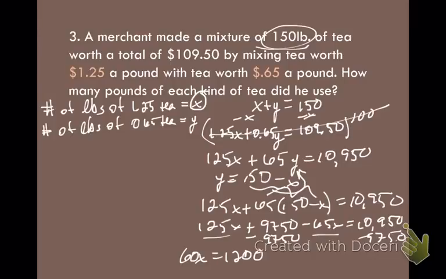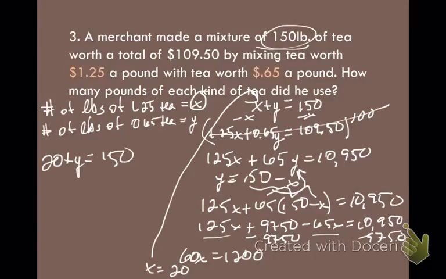Okay, divide through by 60 and x ends up being 20. So that means we're going to use 20 pounds of the $1.25 tea. How much of the 65-cent tea? Well, we can substitute back in for x here. Subtract 20.